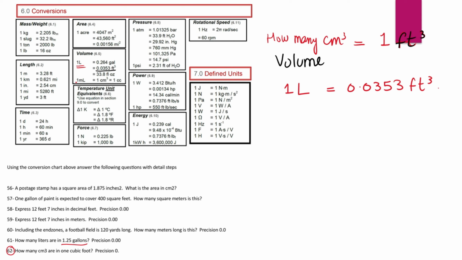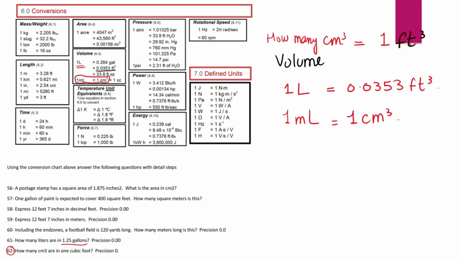You can see here 1 ml is equal to 1 centimeter cube. Milliliter is basically related to the liters, right? So I can write it here, 1 milliliter is equal to 1 centimeter cube.